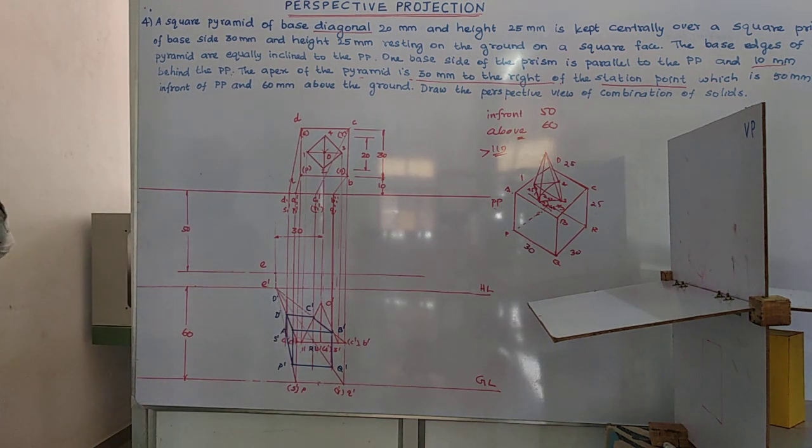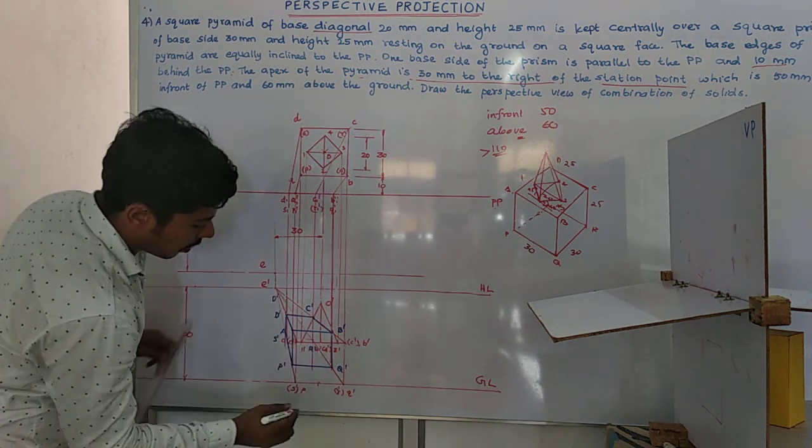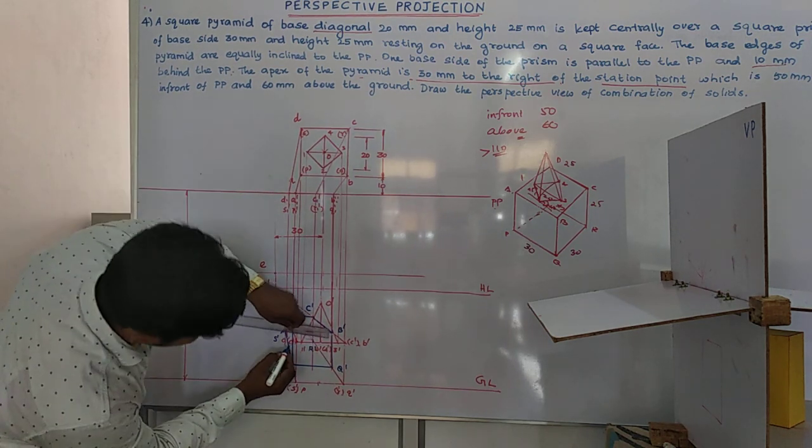Now the square is completed. Then the hidden edges: R, E, R and S.